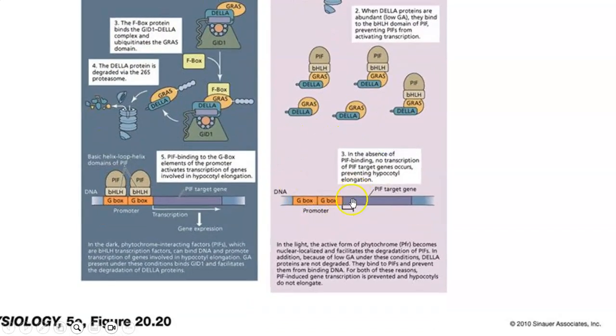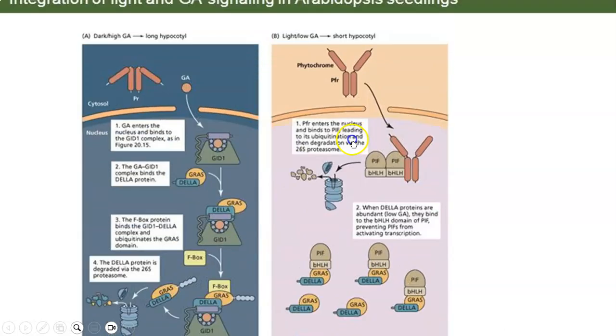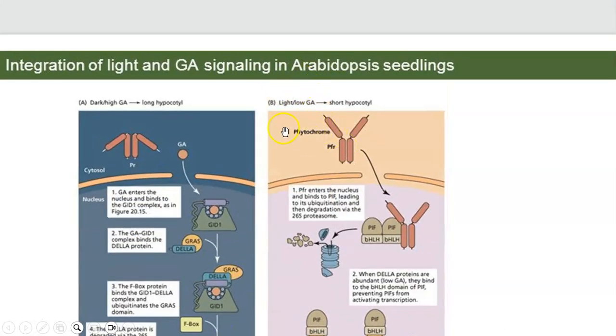When the transcription factor is itself degraded, how will gene transcription take place? That's the reason in the low gibberellic acid condition, we have short hypocotyl. And this low gibberellic acid occurs in the presence of light.